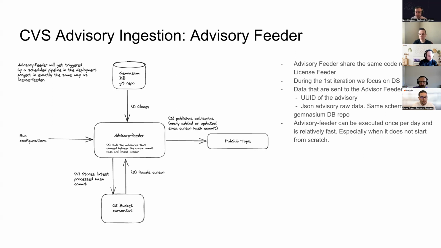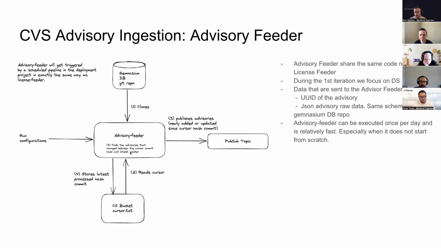So what it actually does is that first it clones the Gymnasium DB Git repo. This can be easily extended to work with any Git repo. So that's the nice part. Once we clone it, we read the cursor. And the cursor, as I mentioned, holds the last commit hash that we have processed.